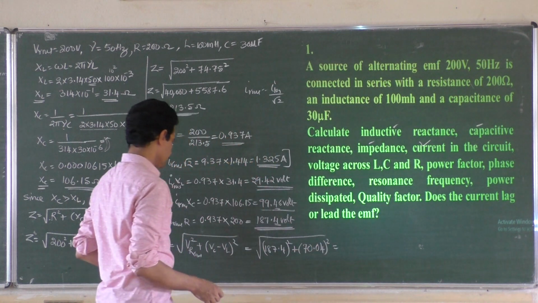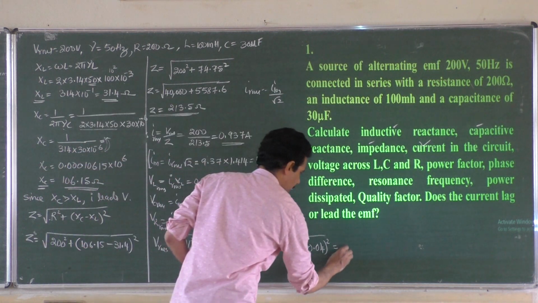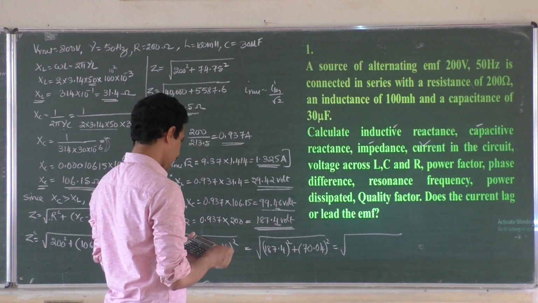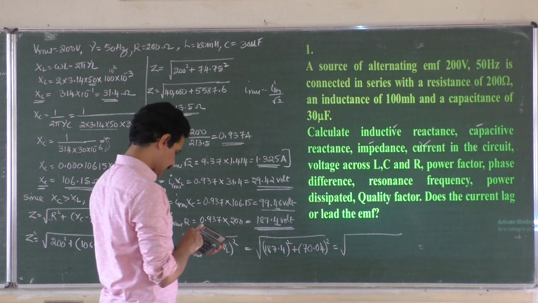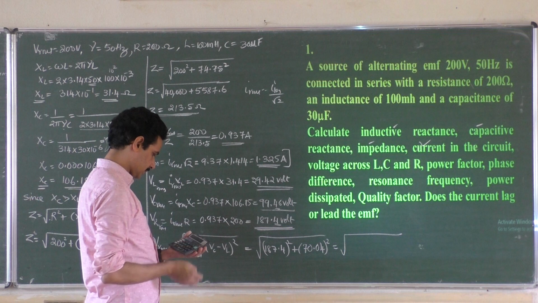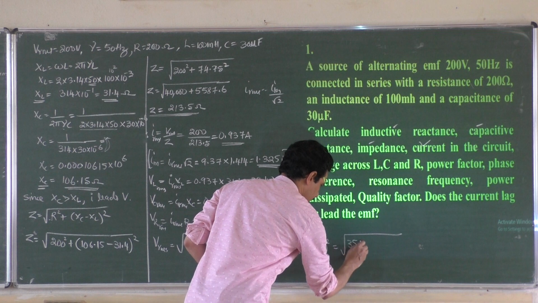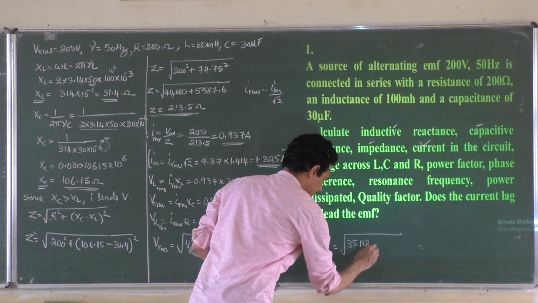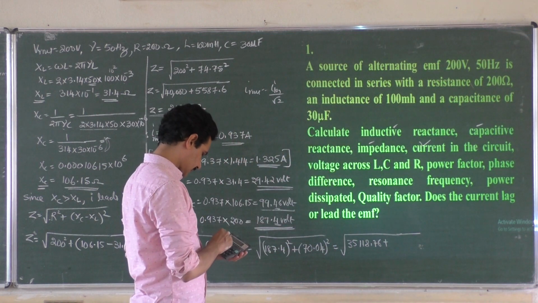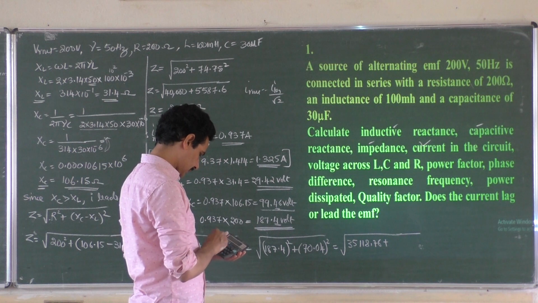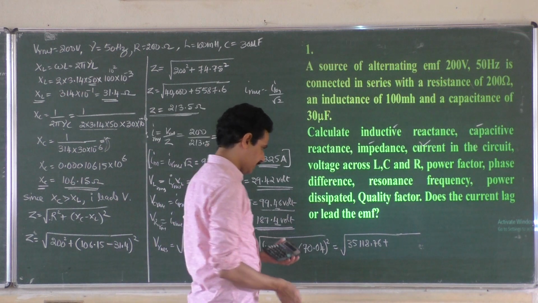So you have to write square root of 187.4 whole square, 187.4 into 187.4, that is equal to 35,118.76, plus square of 70.04, 70.04 into 70.04, that comes to 4,905.6.